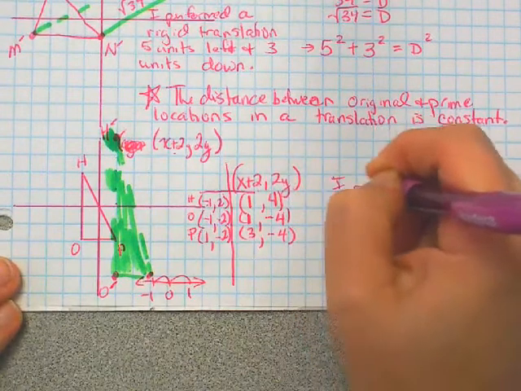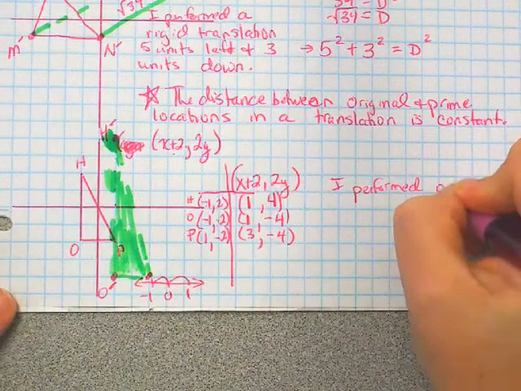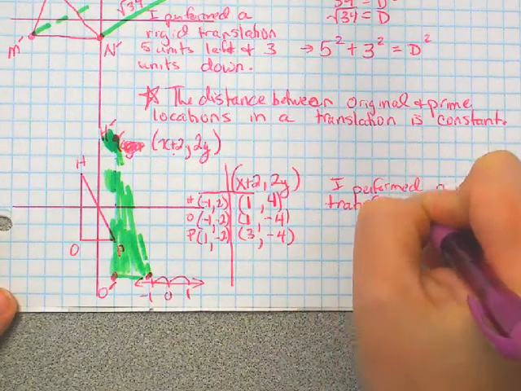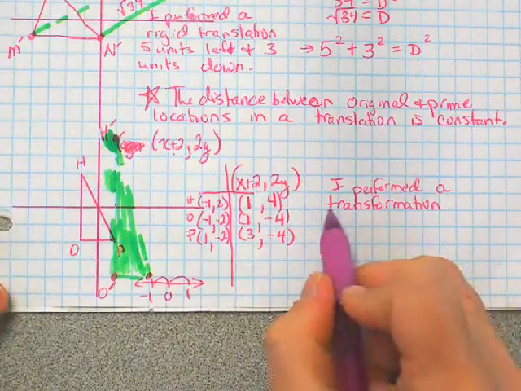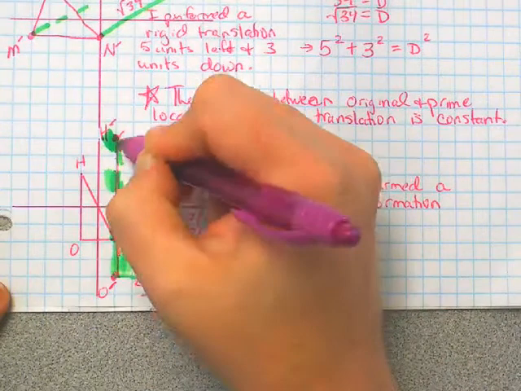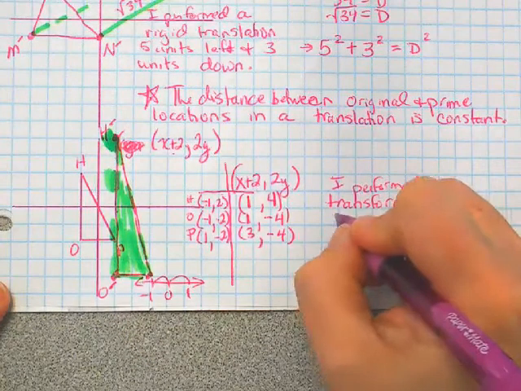When I write my sentence for this one, it's going to have two different parts. I performed a transformation. Not translation, transformation, because I'm changing the size and I'm changing the actual shape.